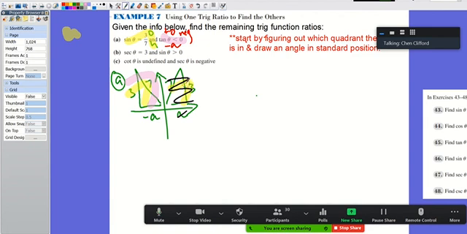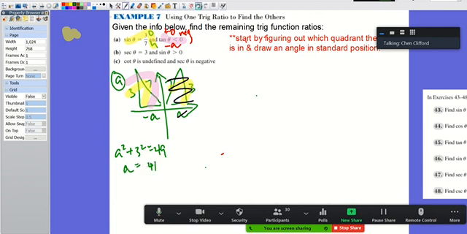So now that's actually the hardest part, just figuring out what quadrant it's in. Once you figure out what quadrant it's in, then everything else is the same thing. You use Pythagorean theorem, and I'm going to call it a squared. I'm going to ignore the negative for now and just do a squared plus 3 squared equals 49.